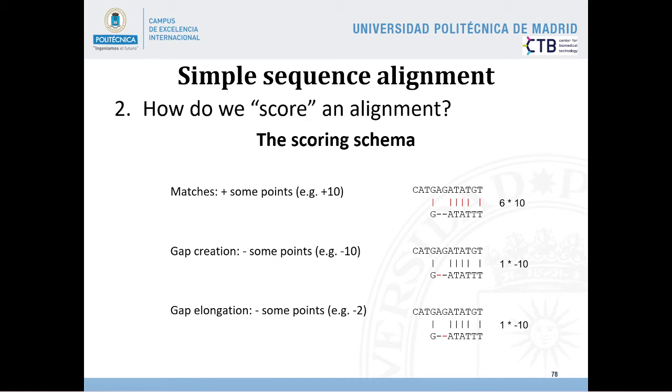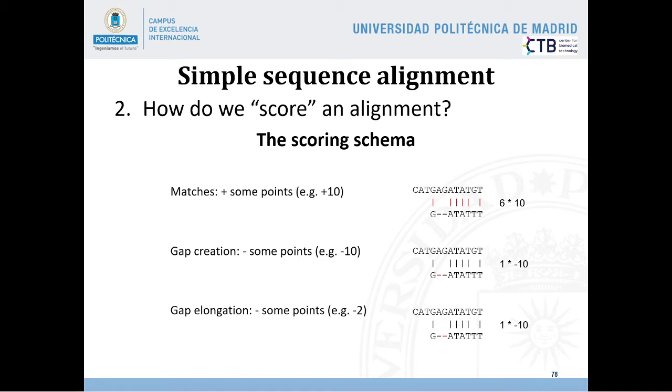But what we usually do for measuring the score in sequence alignment is to have a scoring schema, okay? It's like if we do a scoring system that gives more points to alignments that are biologically more reasonable, because Hamming distance and Levenshtein distance are for text mining or those kind of things that do not have assumptions below them, okay?